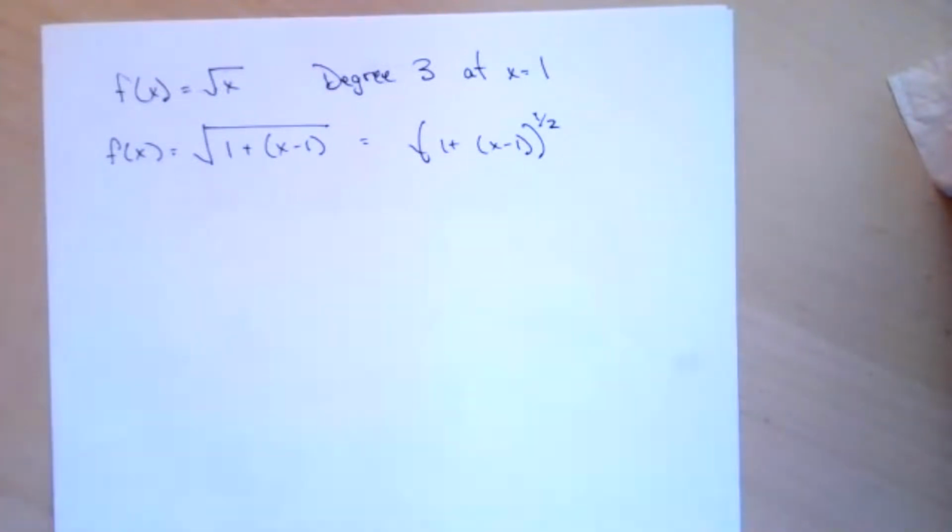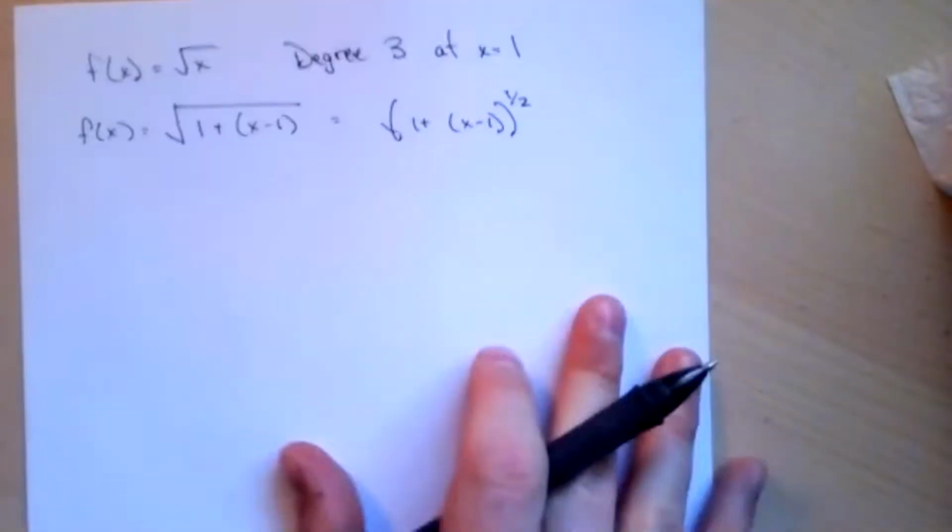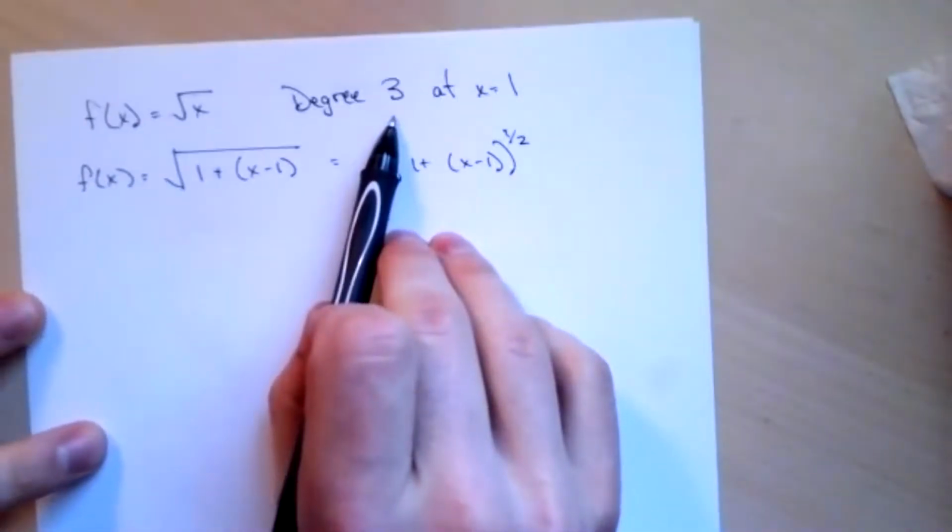And so you could expand this using the binomial formula. That might be a little harder, especially if you don't know the binomial series and the formula for the binomial coefficients, especially since we're only computing degree 3.